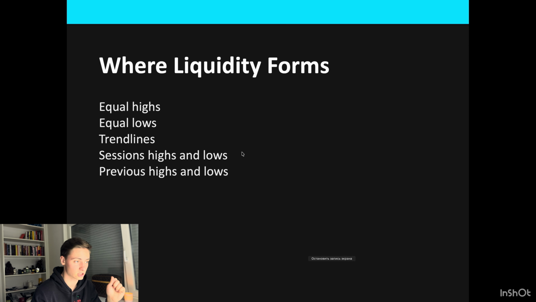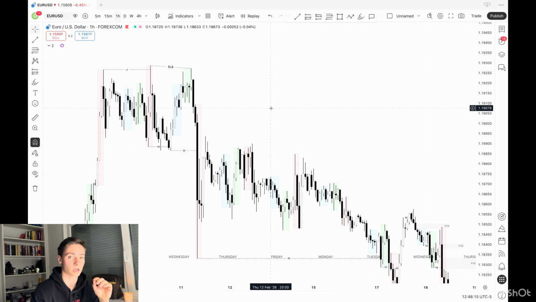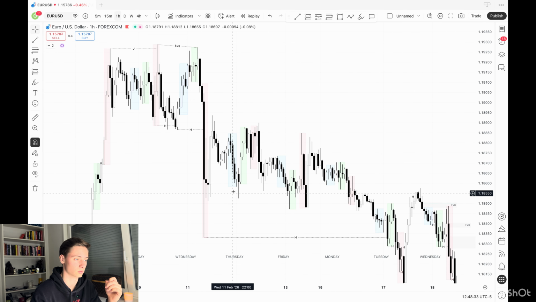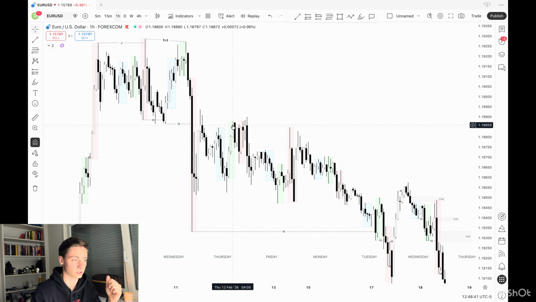Then trend lines, yes, and session highs and lows, really important. I use them all the time. For example, I trade the London and New York sessions. I really like it when London sweeps one side of Asia, for example the Asian high, if I want to go short, lower. So here you can see the blue is the Asia session, it gets liquidated, and then London goes in a different direction.